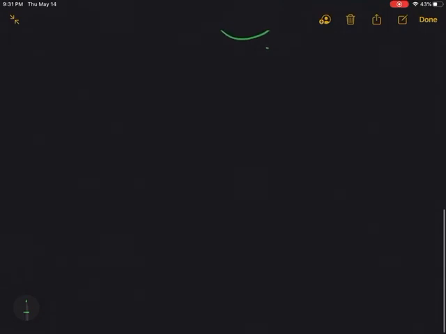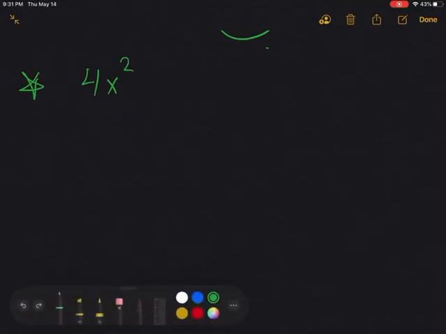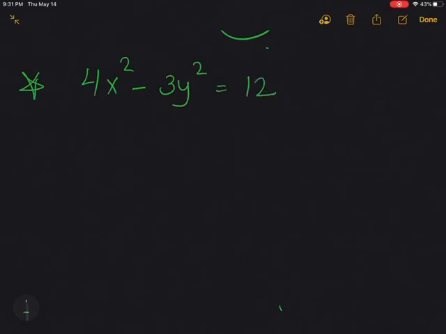Another example. Let's say I have an equation that looks like this. It's 4x to the second minus 3y to the second, and it's equal to 12. Okay. First of all, this equation doesn't look like the standard form, right? How would you make it into standard form?